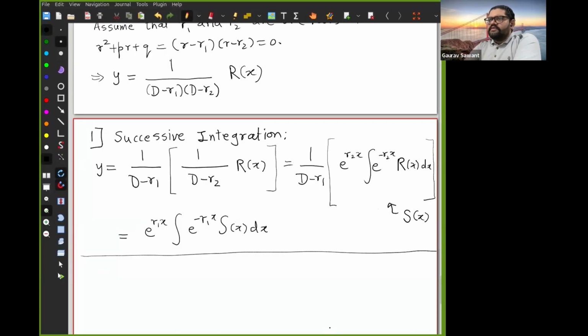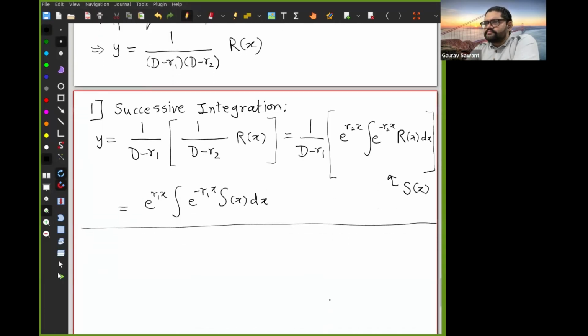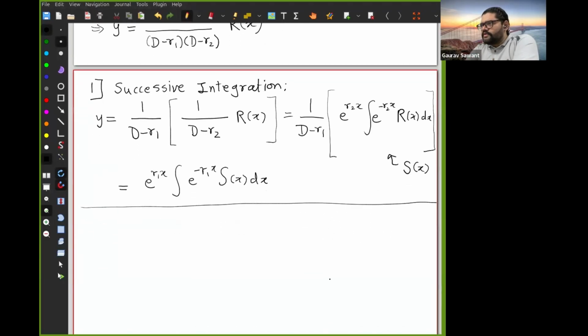Sure. Just a moment, where is that question? I have the same file open in two different locations, so I can search it like this. Okay, so our question was y double dash plus 3y dash plus 2y equal to e^x.